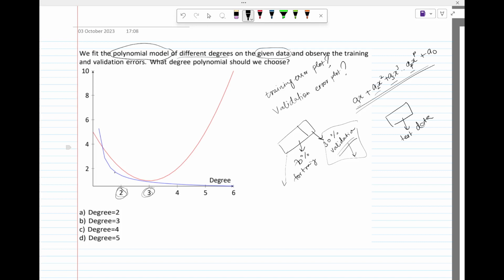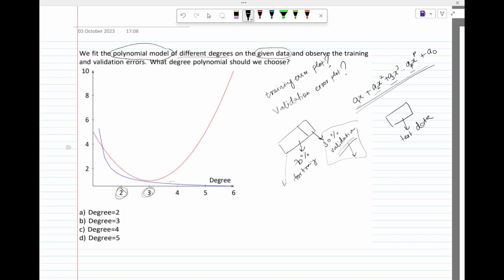So as your training error keeps decreasing, there will come a point where your model fits too well on your training data, but it doesn't fit well on your validation data set because you're not tuning your parameters with respect to the validation data set.